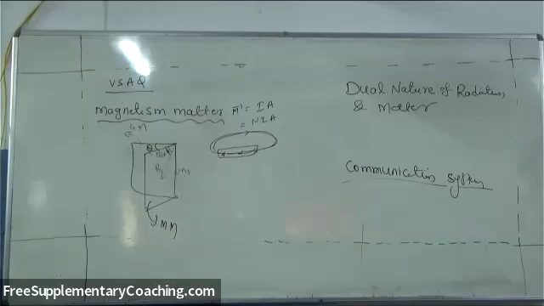We need to say which belong to dia, para and ferro. Nickel and cobalt are ferromagnetic materials. Bismuth and copper are diamagnetic materials, and the rest, manganese and oxygen, are paramagnetic materials.